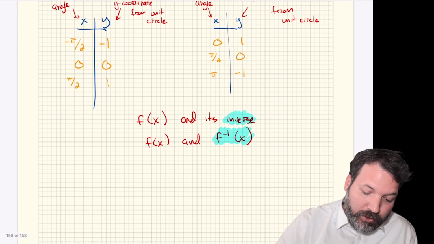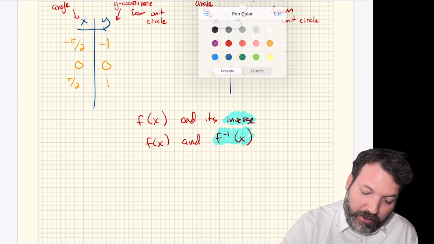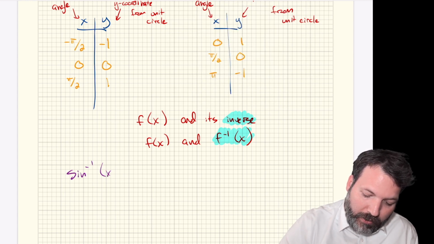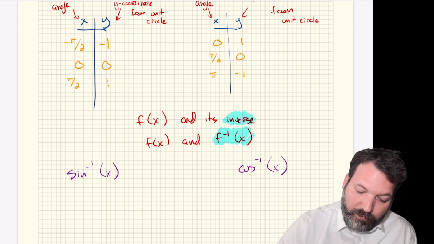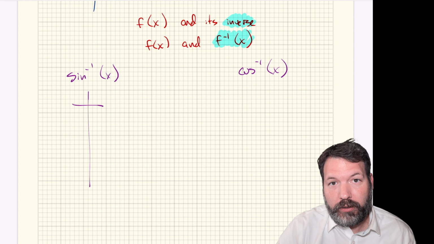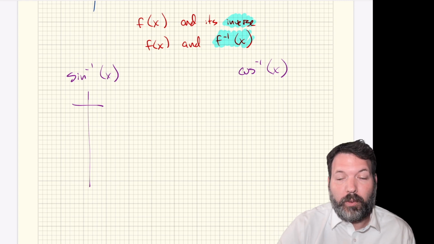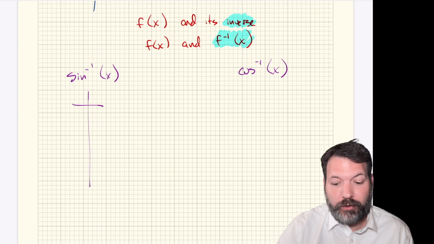And so if you're in trigonometry, you have probably worked with inverse sine and inverse cosine. So inverse sine and inverse cosine take as inputs what was the output of the sine function or the cosine function, and then give as outputs what was the input to the sine function or the cosine function.